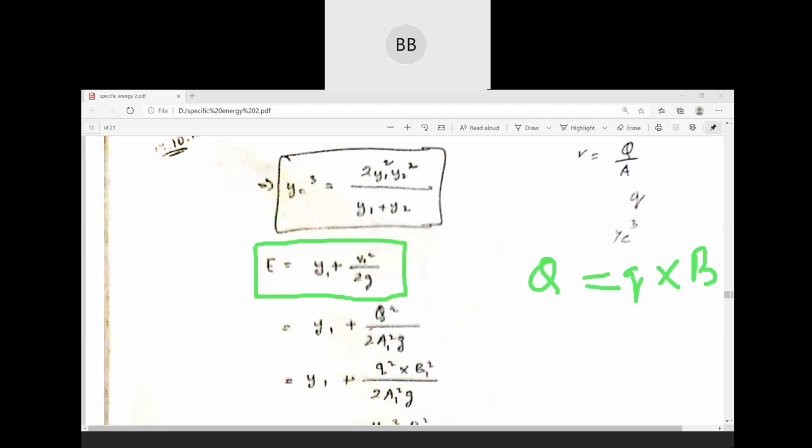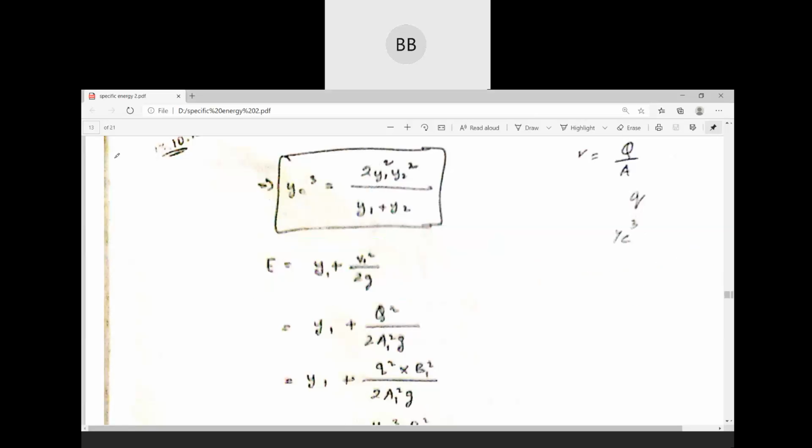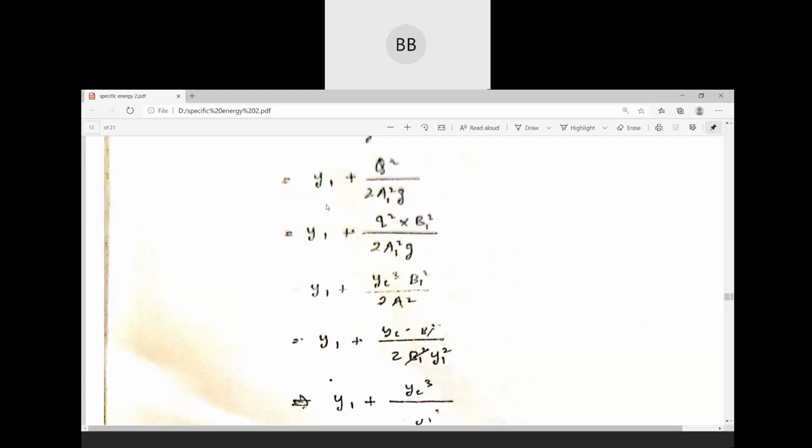Very much similar to what we have applied in the first case. Then again q square by g, in place of q square by g, we are going to substitute yc cube. Other terms will remain same.